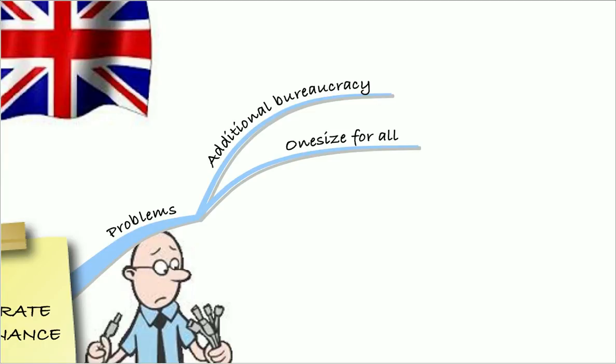Another problem is that it's one size for all. These principles apply to all listed companies. So we don't really have it tailored towards specific companies or specific industries. So it's one size for all, and that can be a little bit of a drawback because we don't get that tailored code for specific industries.